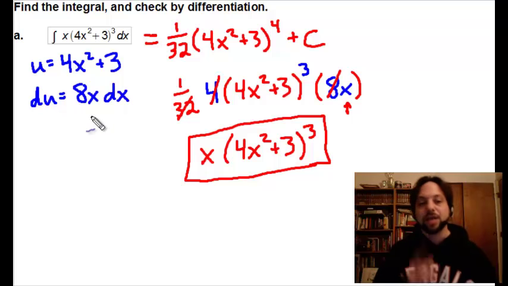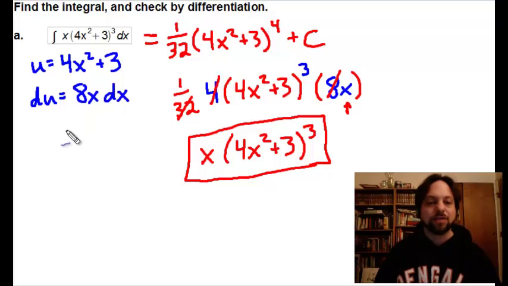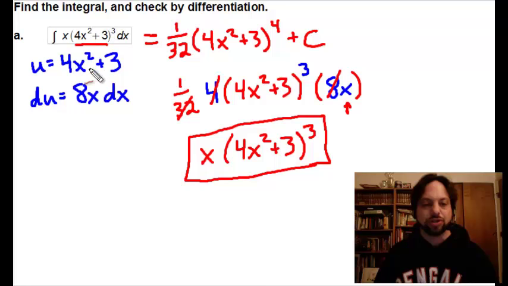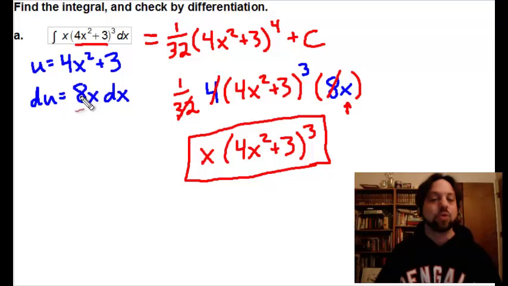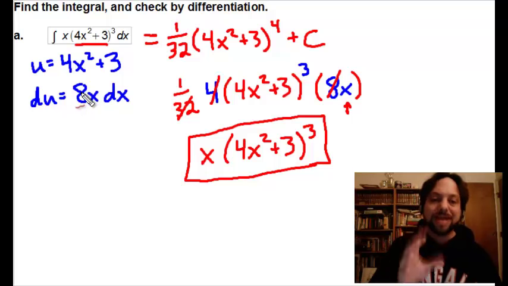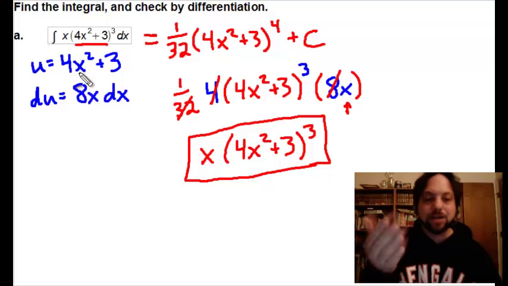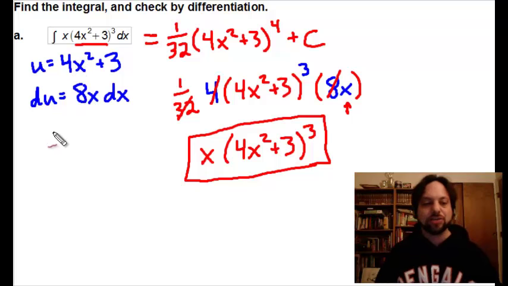No big deal. And now that we've done that, can we kind of reform our integral in a sense? I see that this is going to be u to the third power, and I have an x, but in order to have a du, I need 8x. So what I need to do is make my integral look like my u and du. How can I do this?